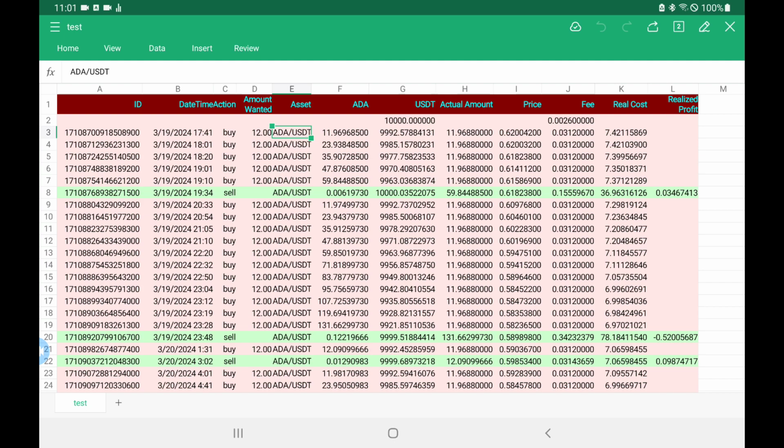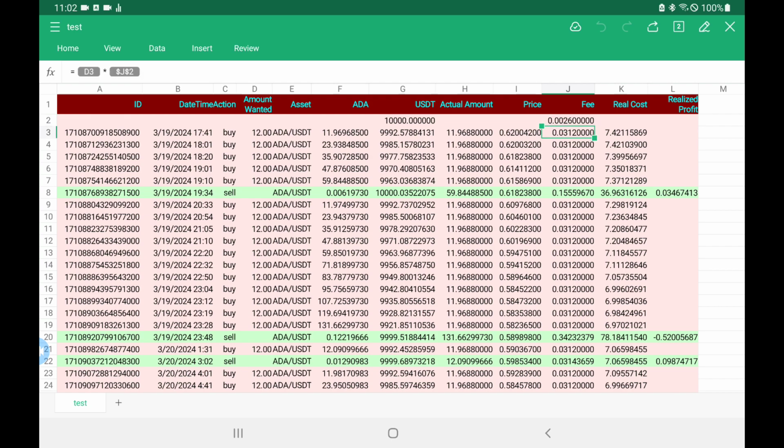Now we're going to get into each of these as necessary, but for now let's take a look at the basic principle of the quote side. And you'll see that my actual amount isn't 12. And that is because you're going to pay a fee. For the exchange I am emulating in this example, I am using Kraken, which takes a 0.26% fee.